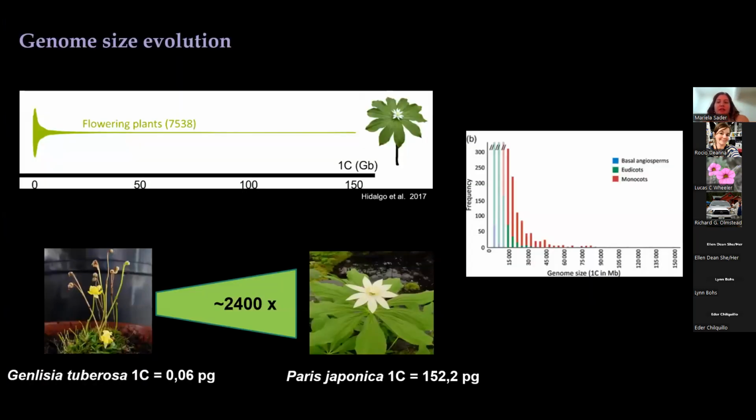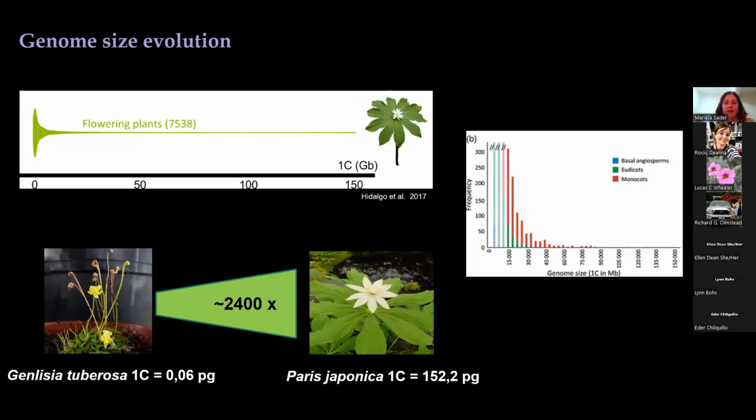First of all, I want to talk about the evolution of genome size. We know that within the plants, there are some with very small genome sizes, like Genlisea tuberosa, with 0.06 picogram of DNA.